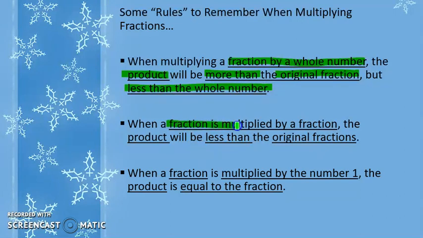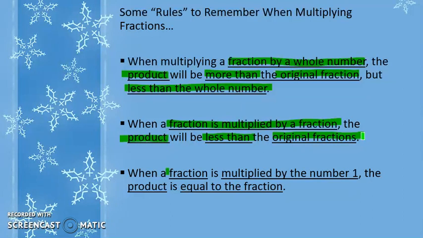When a fraction is multiplied by another fraction, the product of those two fractions will be less than the original fractions. Well, you're probably thinking, how can it be less than? It's because you have a part of a whole multiplied by another part or piece of a whole, so that is going to result in a smaller number.